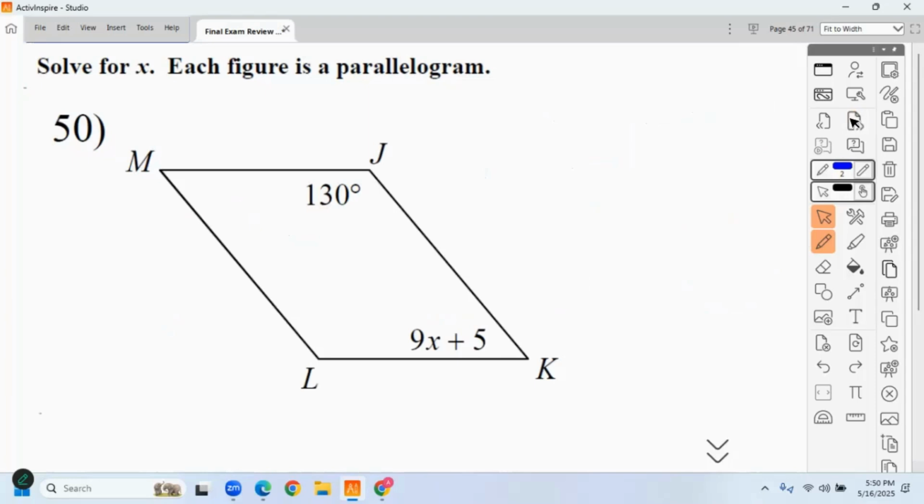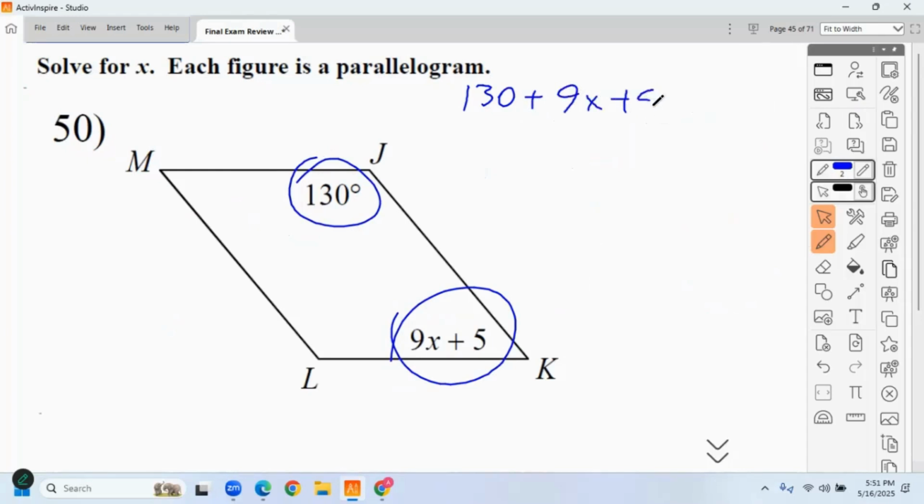Now, right here, these are not equal to each other, but they are supplementary, which means they both add together to give you 180. Here we go. 130. And let me make sure that looks good.